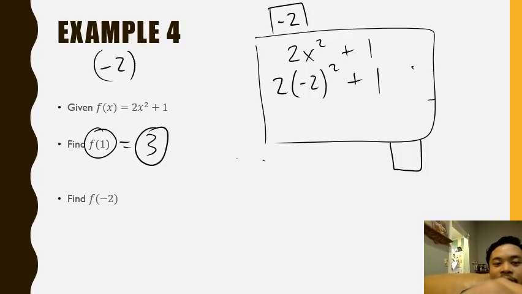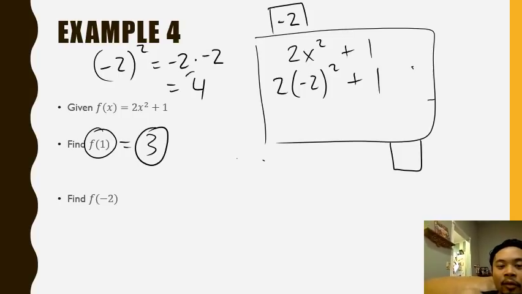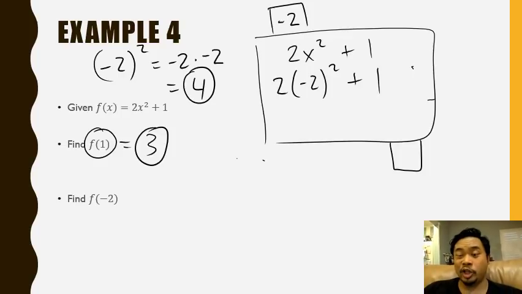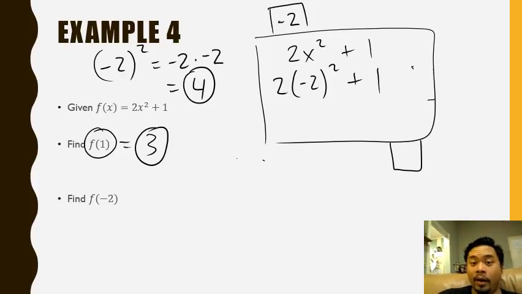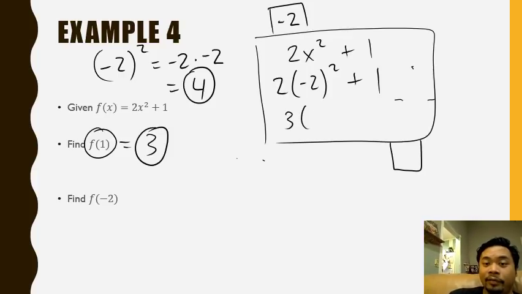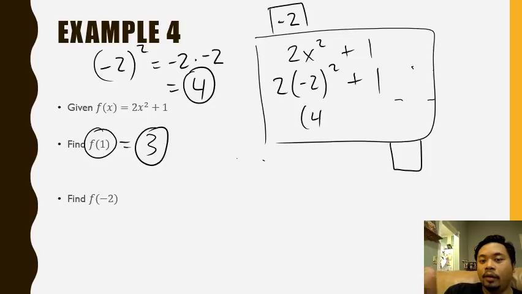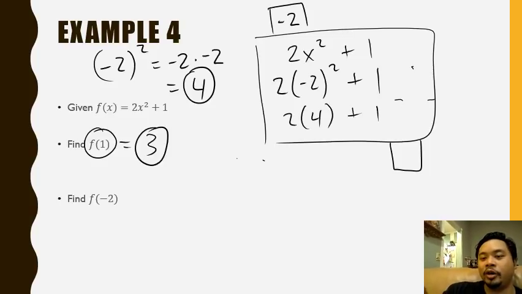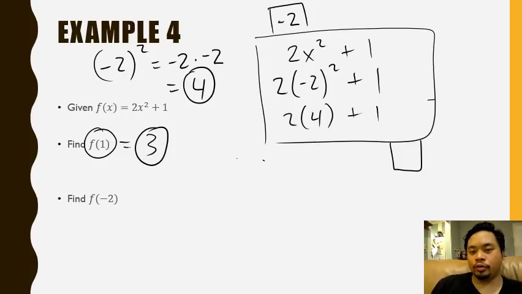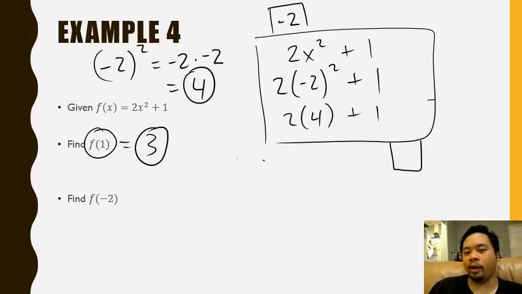If I have -2 squared, that gives me -2 times -2, which gives me a +4. Make sure you don't fall into a silly trap here where you think that that negative is still there. So -2 squared gives you a +4. Make sure you're still going true according to what squares mean.